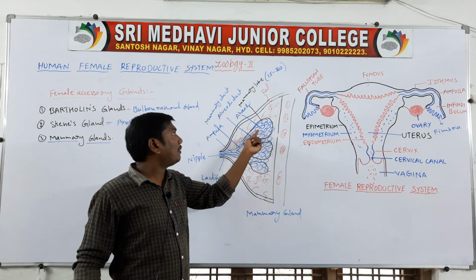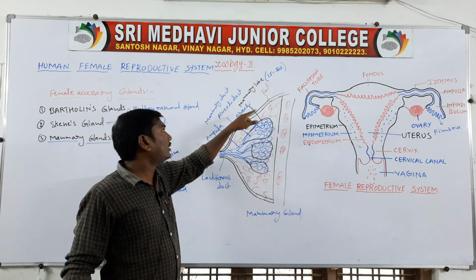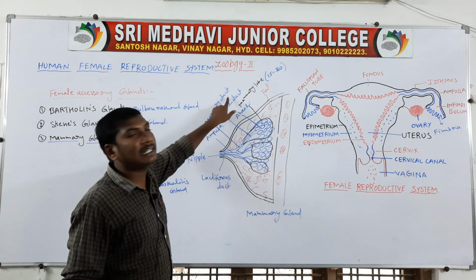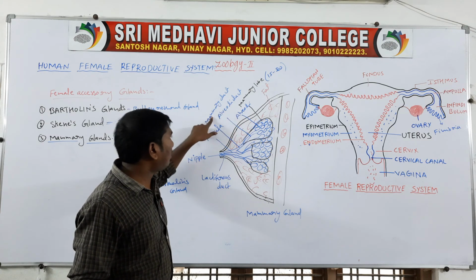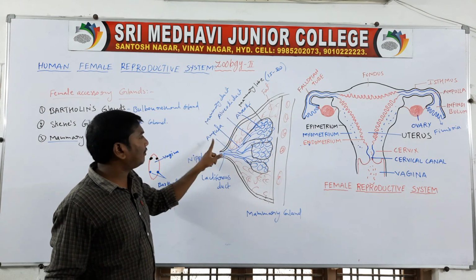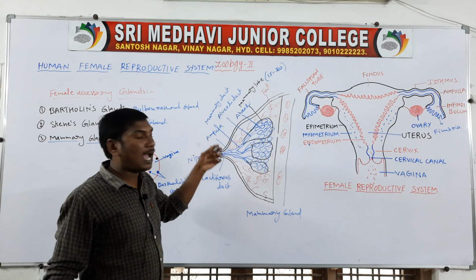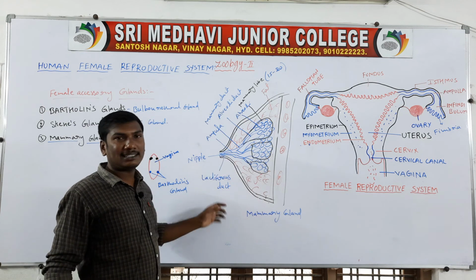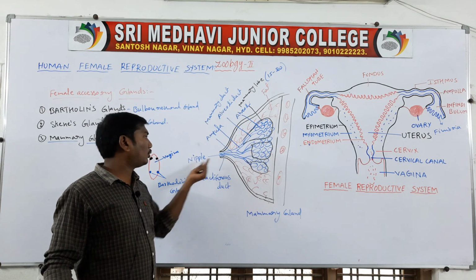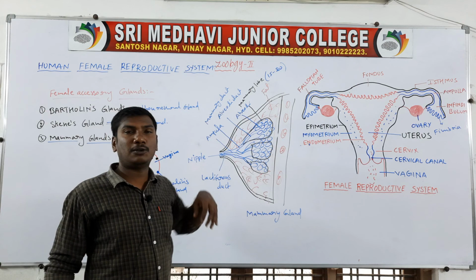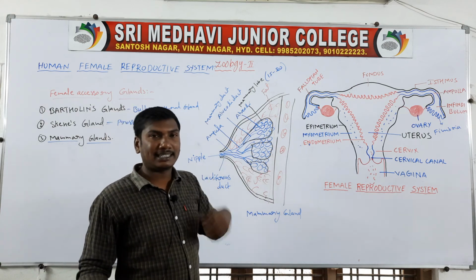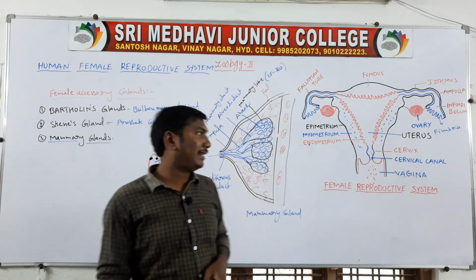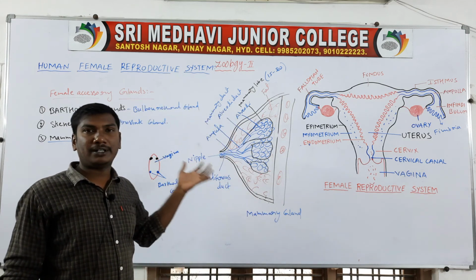The alveolar ducts combine to form the mammary duct, the mammary ducts combine to form the ampulla, and the ampulla opens into the lactiferous duct. Finally, the lactiferous duct opens into the nipple. When the baby sucks, milk is released from the breast. These are the mammary glands of the female reproductive system.